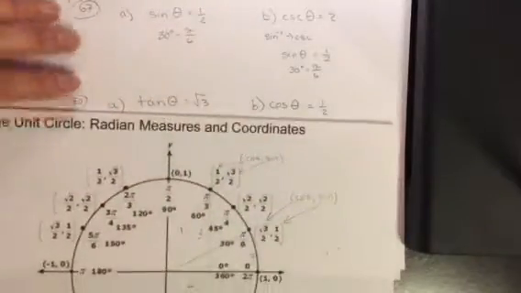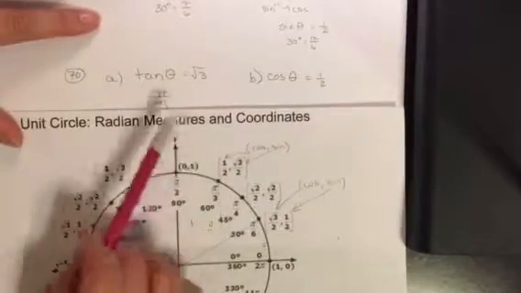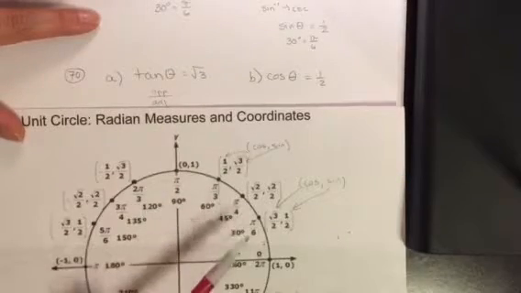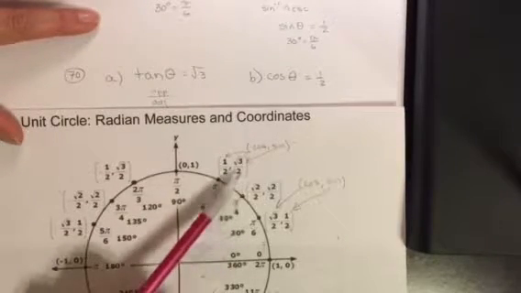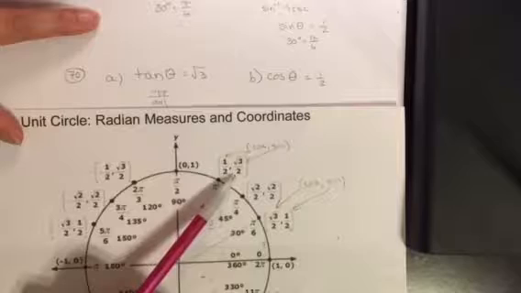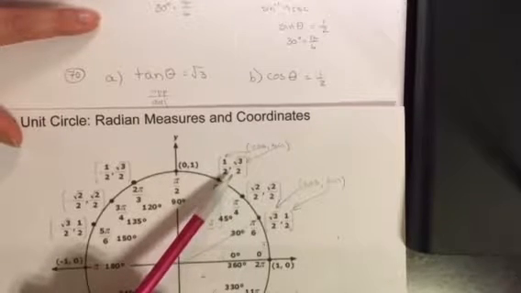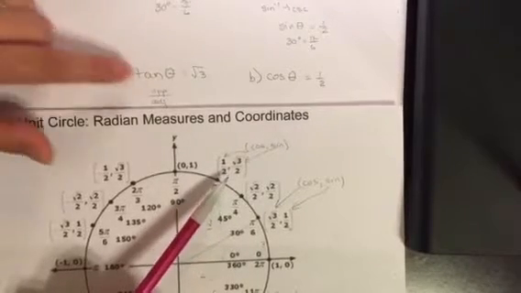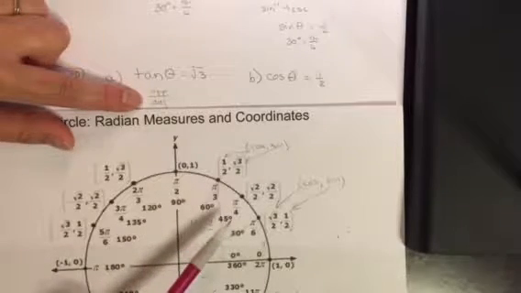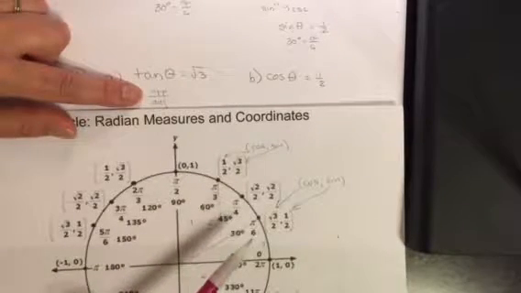Okay, I'm in quadrant 1. So the only way to get √3 is to get √3 over 2 over 1/2. So I need a place where the opposite over the adjacent is √3 over 2 over 1/2.